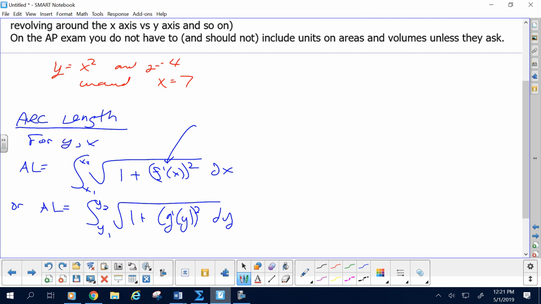Notice that's f prime, not f. I guarantee you an answer of 1 plus f squared will be there. It's 1 plus f prime squared, right?